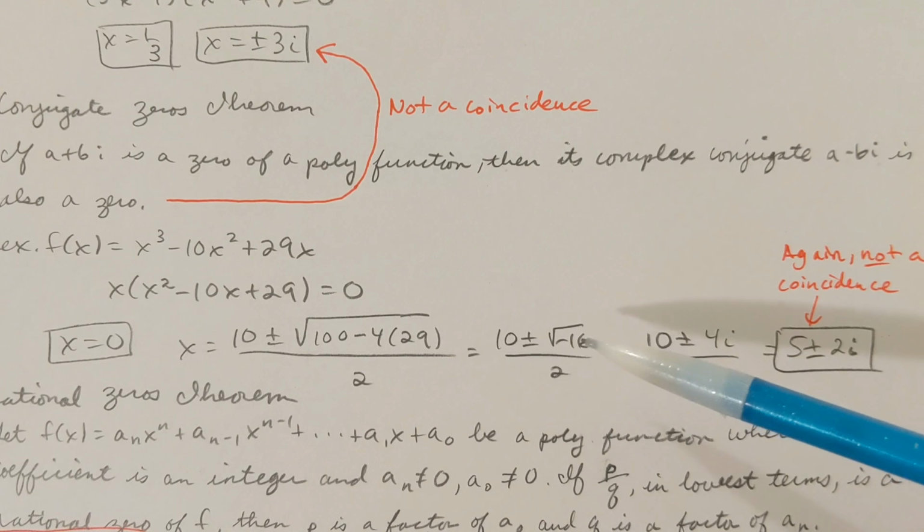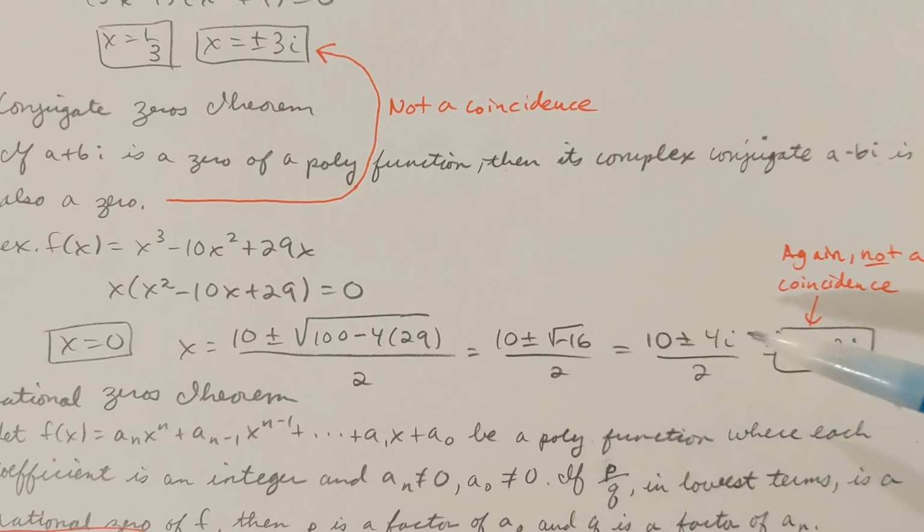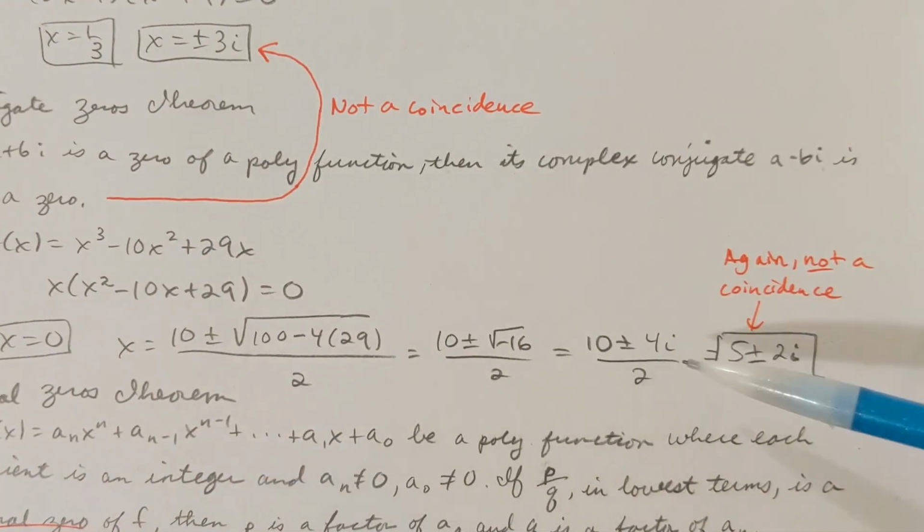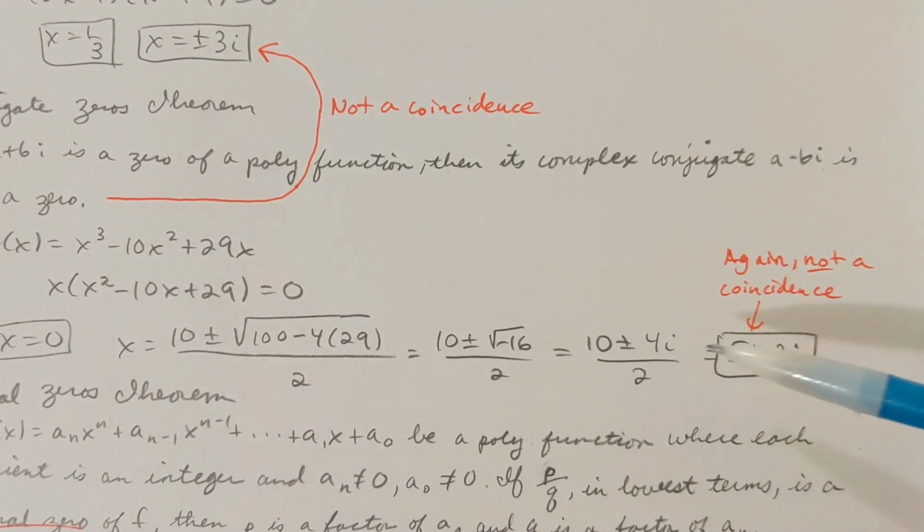So 10 plus or minus the square root of negative 16 all over 2. The square root of negative 16 is 4i. Okay, 2 would be in common to these two terms in the numerator. I can factor that out, and that'll leave me with 5 plus or minus 2i.